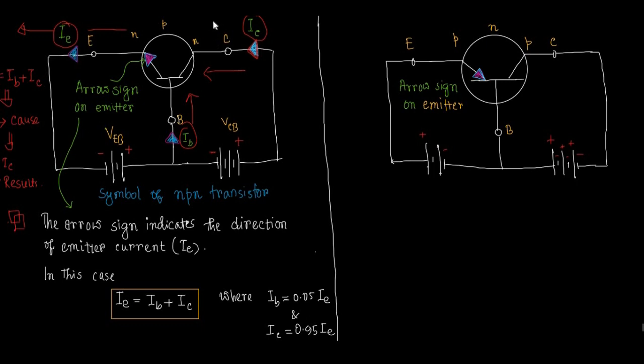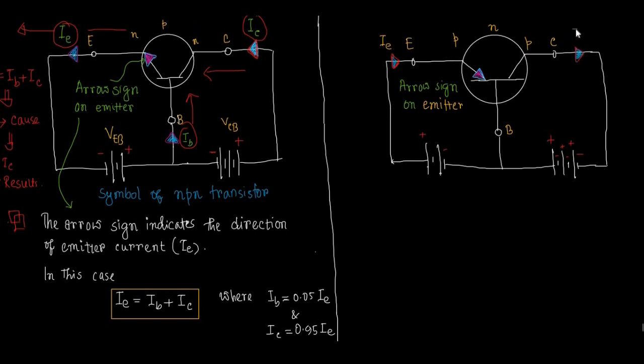Now the arrow sign on the emitter denotes the emitter current IE. Emitter current IE flows into the P-type emitter for PNP transistor, and on the other side the collector current IC flows away from the P-type collector.